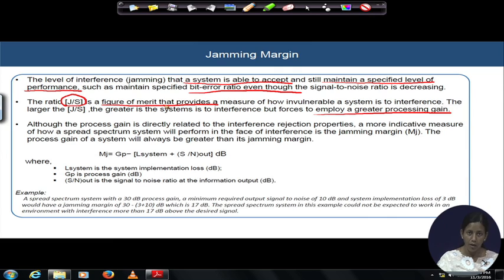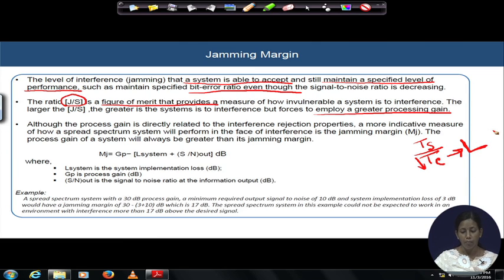If you wish to have a higher processing gain, then the ratio Ts by Tc needs to be high. In order to make this high, you have to decrease the value of Tc, considering that the symbol duration is not changing. Once I decrease Tc, the length of the sequence I am dealing with increases.